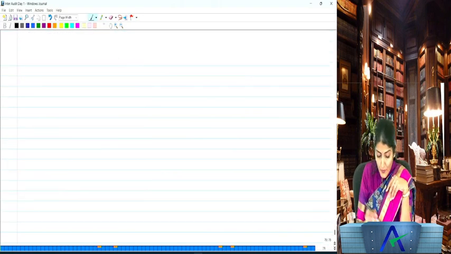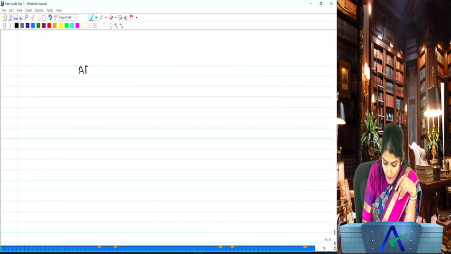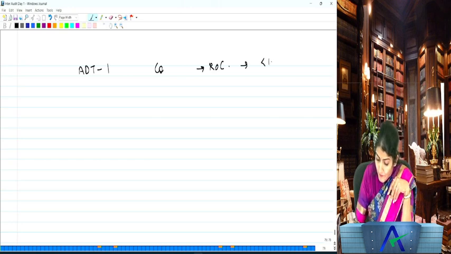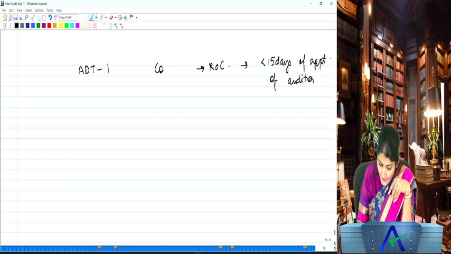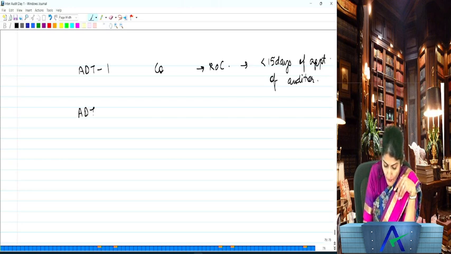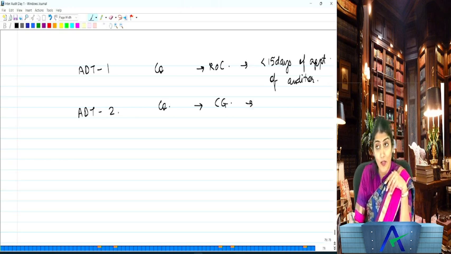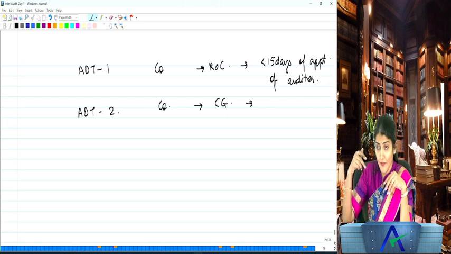Okay, right. So what was ADT1? Who had to file? The company had to file it with the ROC within 15 days of the appointment of the auditor. Is it right? Then ADT2: the company had to file with the central government for prior approval of the removal of the auditor before the expiry of his term.